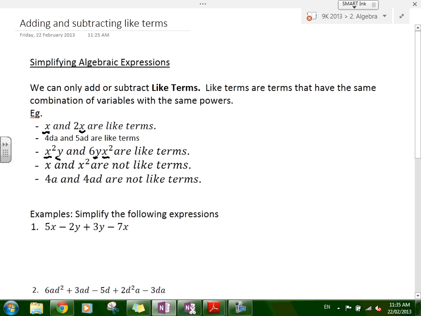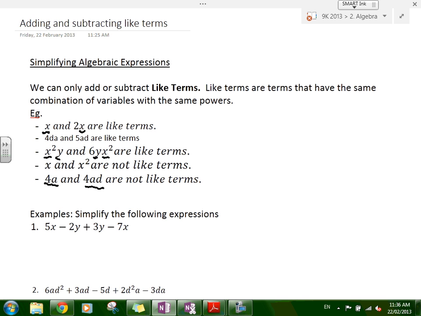X and x squared are not like terms because they're different things. 4 and 4 squared are very different. 8 and 8 squared are very different. Although the base is the same, the powers are different. And then this one, just like Nick said, 4a and 4ad are not like terms. Just because the a's match up, you can't add them together because the combination of variables has to be exactly the same.